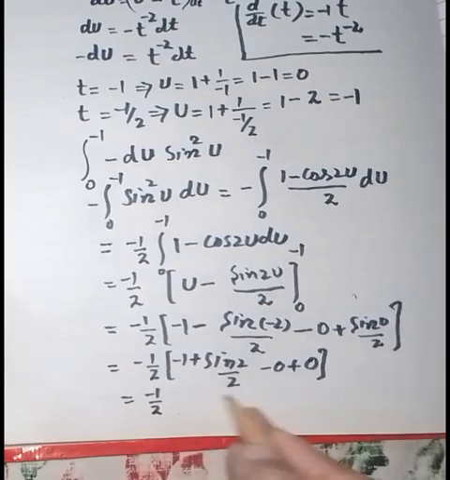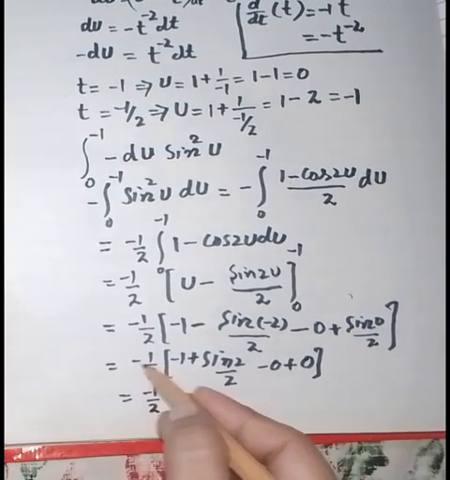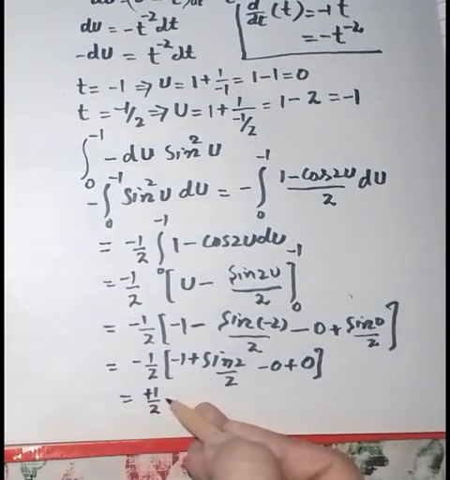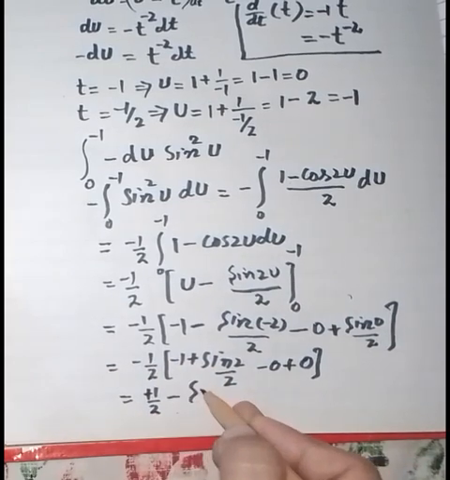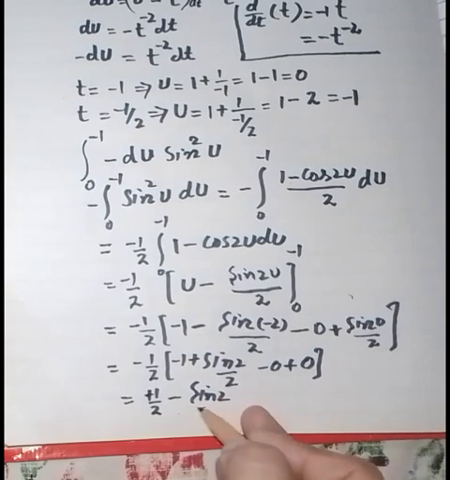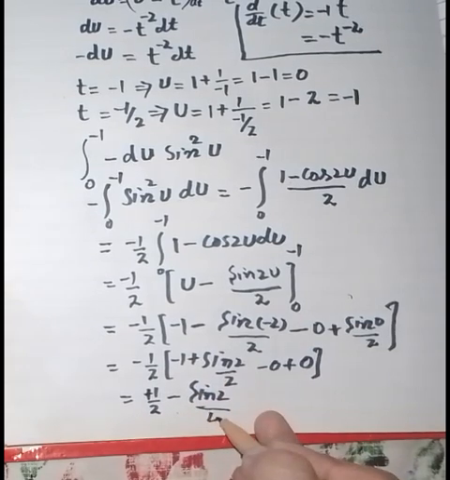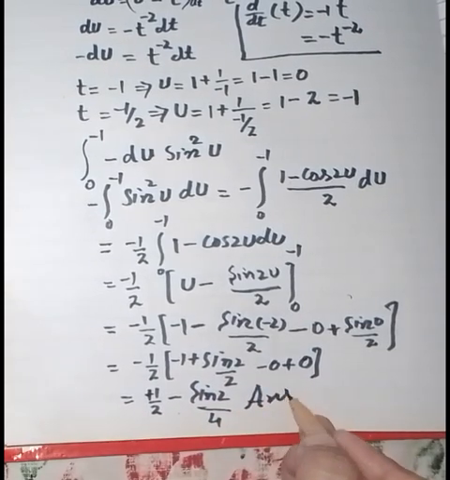Minus 1 by 2, minus into minus, that is equal to positive. Positive 1 by 2 minus plus minus sine 2 divided by 2 into 2, 4. That is our required answer.